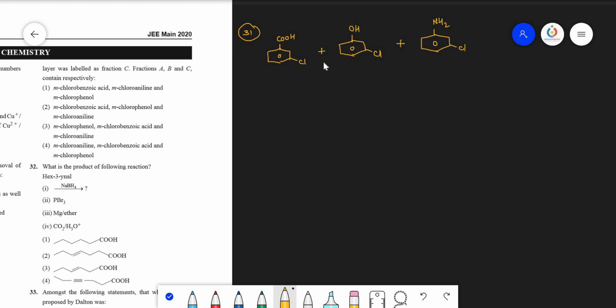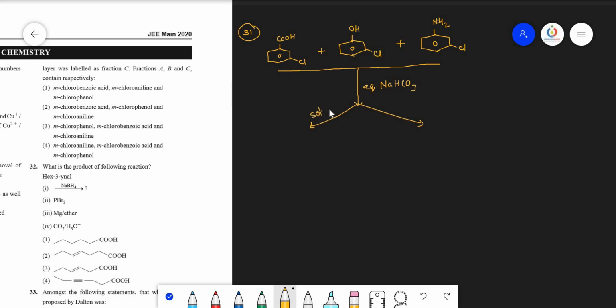So all these are present in a mixture. So when it is subjected with the aqueous NaHCO3, we know one thing, that only the COOH part is soluble in NaHCO3, these remain insoluble.